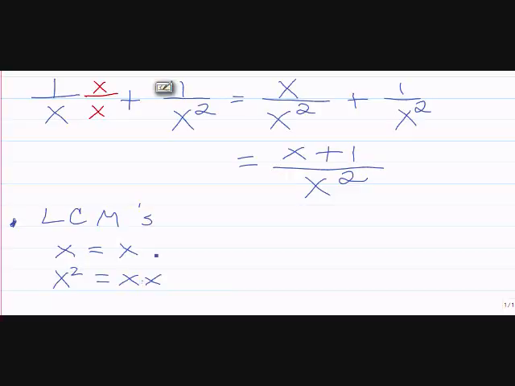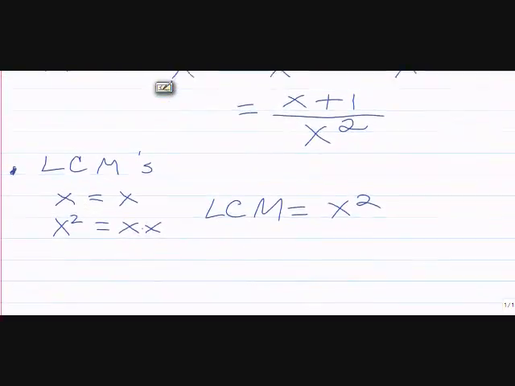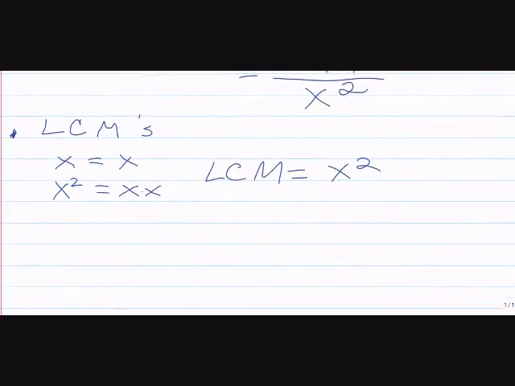The least common multiple can't be x because it's not a multiple of x squared, so it has to be the x squared one. It's got to contain all of the factors of both of the denominators that we're looking at.